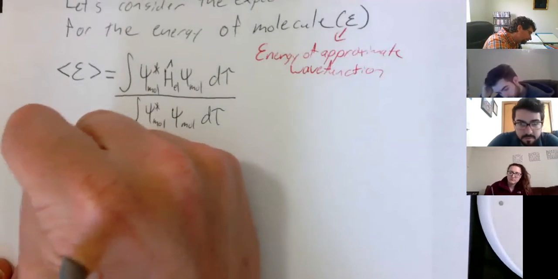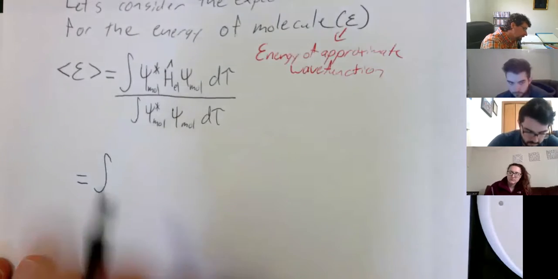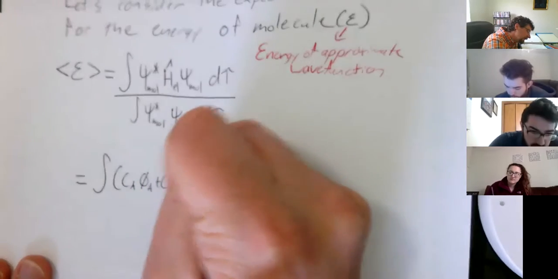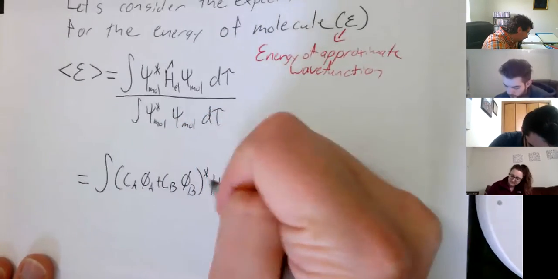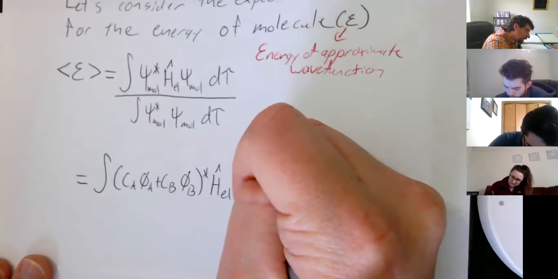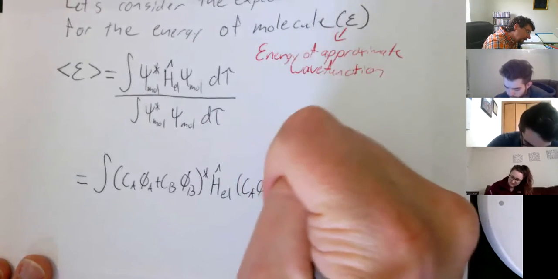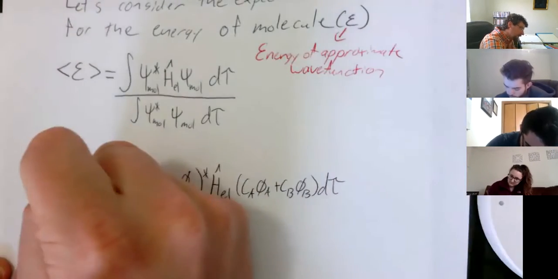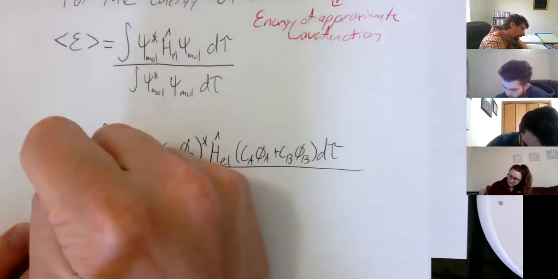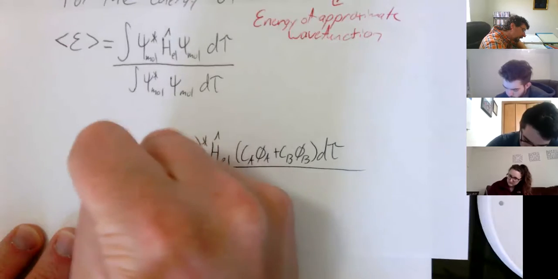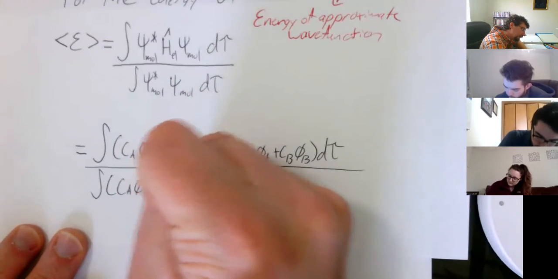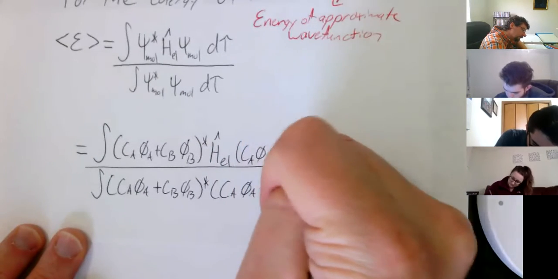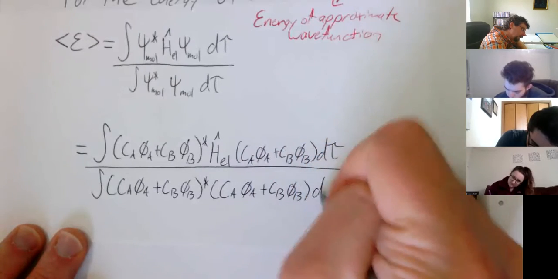Okay, so we get the integral of CA phi A plus CB phi B, star, H hat electronic, CA phi A plus CB phi B, d tau, all divided by the integral of CA phi A plus CB phi B, complex conjugate, times CA phi A plus CB phi B, d tau.